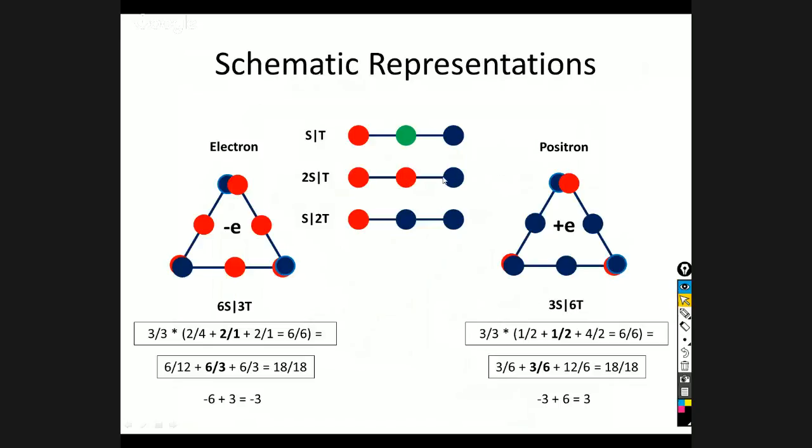So this one here in the middle, we take 3 of those and join them in a triangular configuration, and lo and behold, we get the electron with a -1 charge. And it's made up of these 3 units of unbalanced motion, unbalanced to the space side, which is negative. And so each one of them then, if you recall, instead of 1/2, it's 2 of those, 2/4, which gives it the unbalance to the red side.